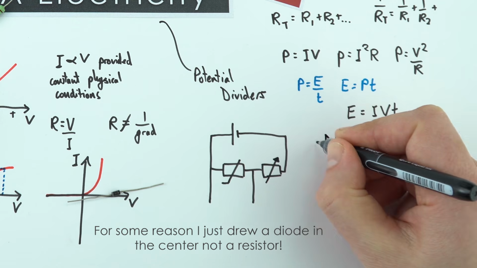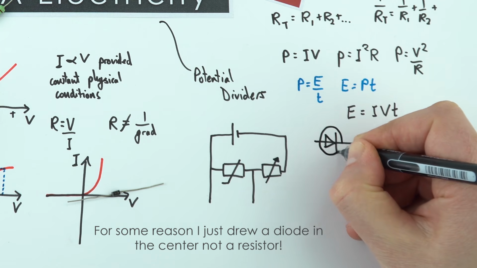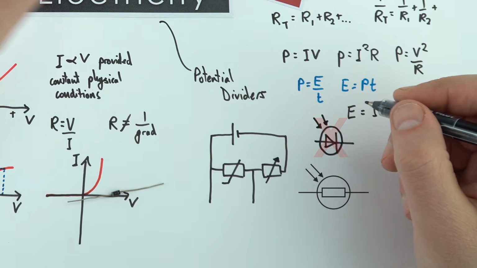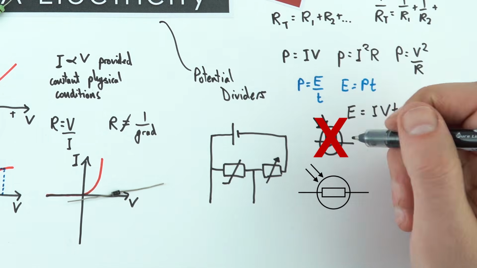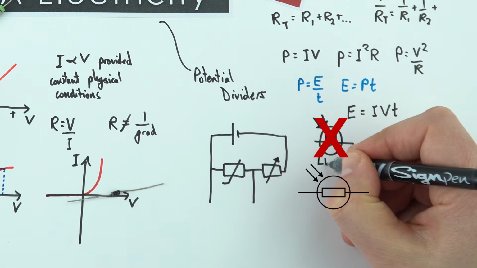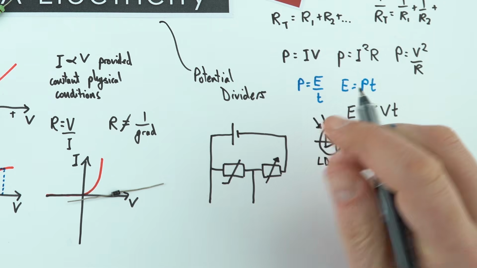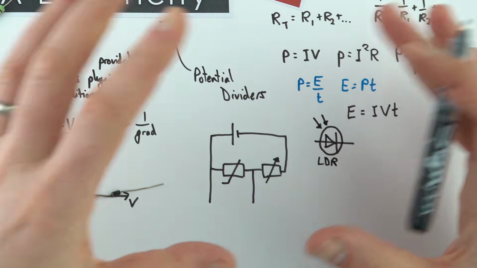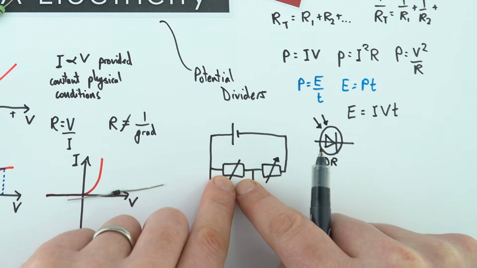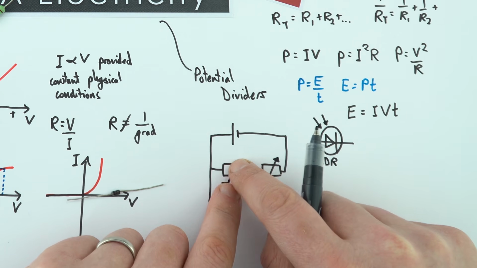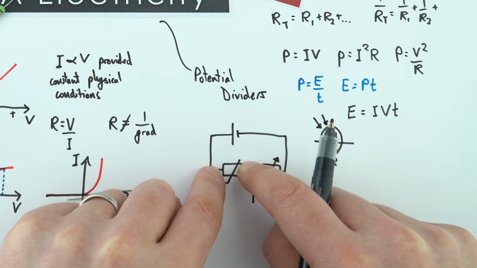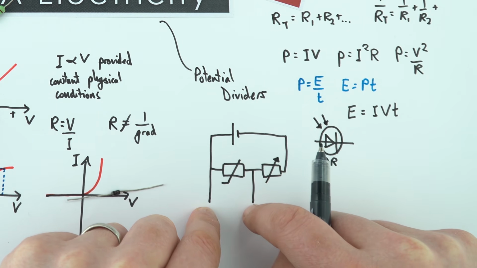This is just another type of component where its resistance, rather than depending on the temperature, depends upon the light intensity. So we might have an LDR. Again, you'll have seen these at GCSE. So this is one way that we can have a potential divider circuit. Some external change causes the resistance of one of these components to change, and that then affects how much potential difference is across it, which we can then use for something useful.